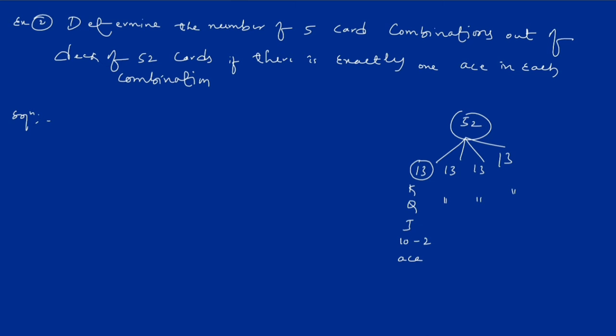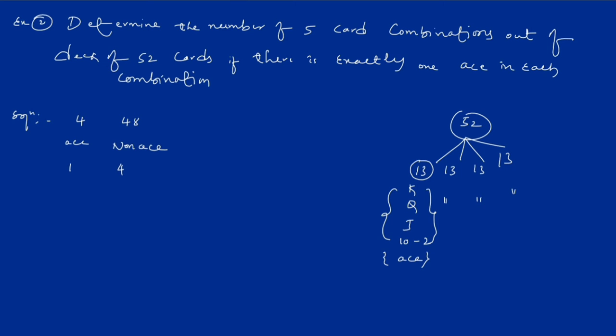So here total aces are 4, right? Aces are 4 and non-aces are 48. Non-ace means these remaining ones are nothing but non-aces, and this is an ace. So ace is 1 here, and 4 non-aces.